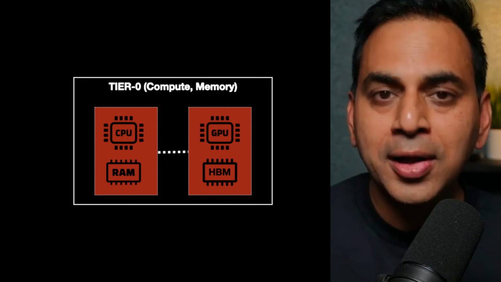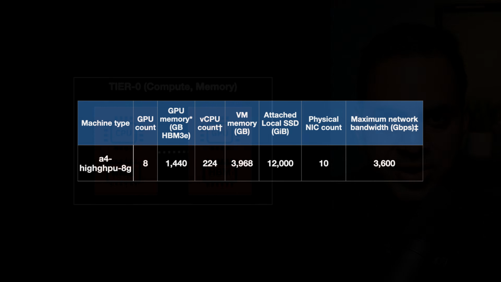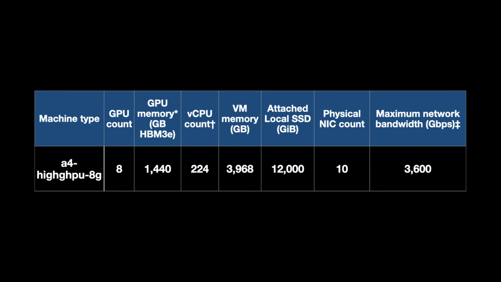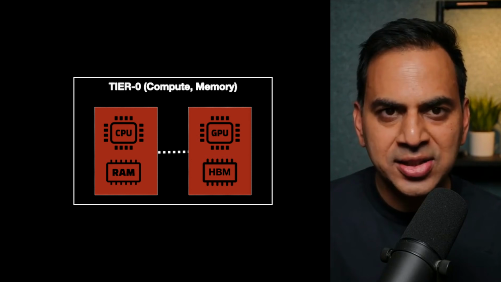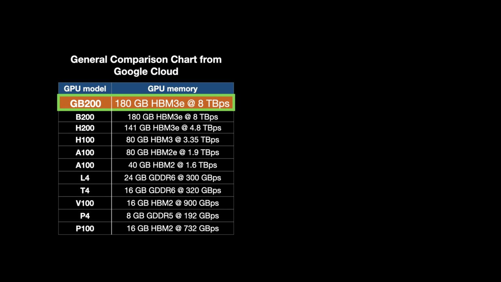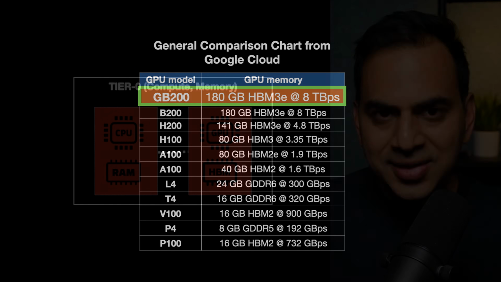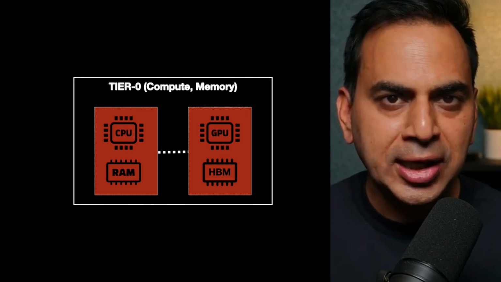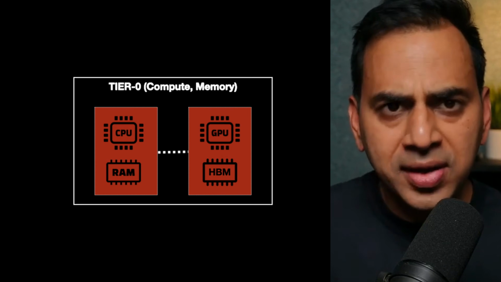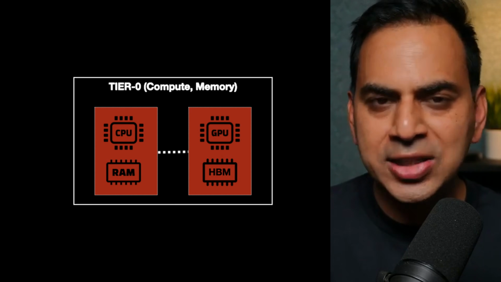For example, Google Cloud's A4 instances have advanced GPUs with HBM, providing the high-speed memory access needed for AI. HBM3E can give you up to terabytes of data per second for each GPU. These accelerators, whether in the cloud or on-prem, are often linked together with a special fast network for large-scale distributed training.